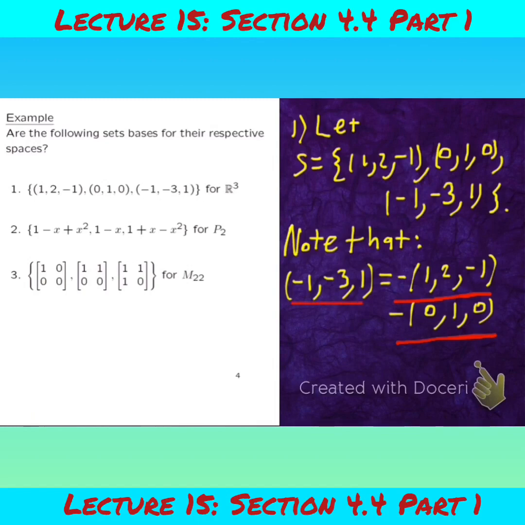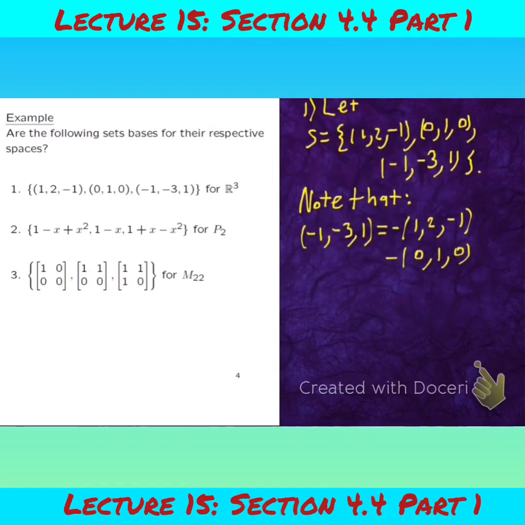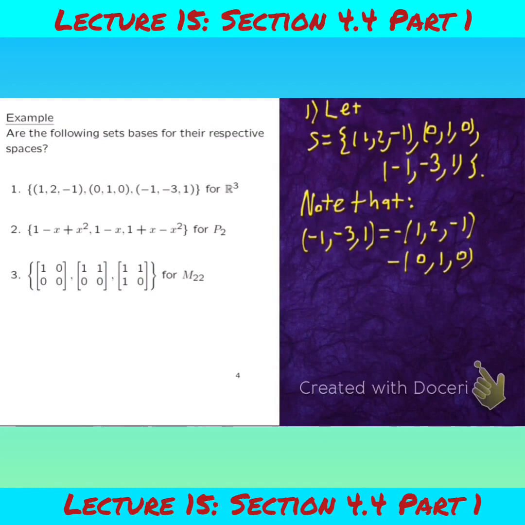Now what is the implication of this? Well, we know that if a vector can be written as a linear combination of the other vectors in the set, it means the set is linearly dependent.